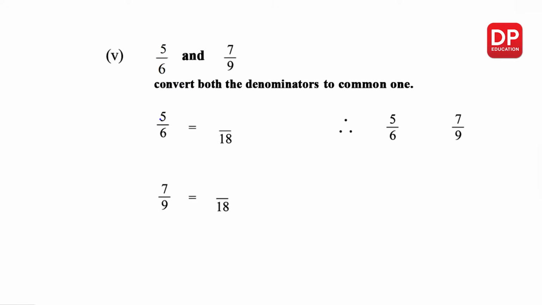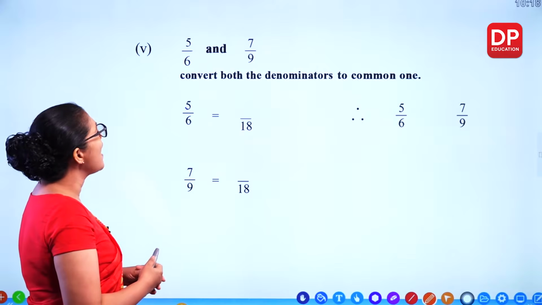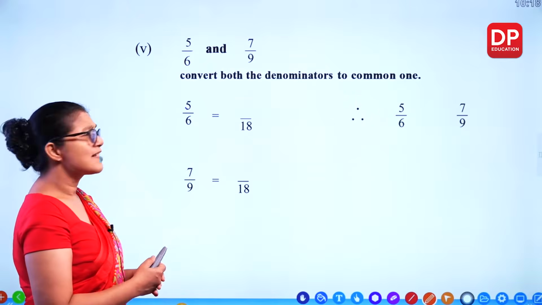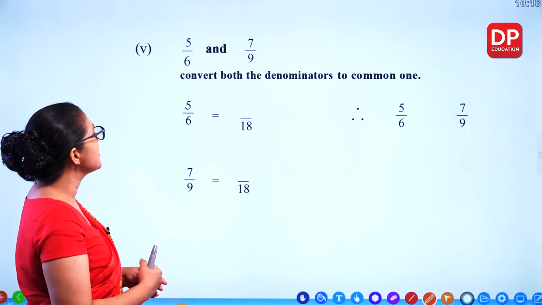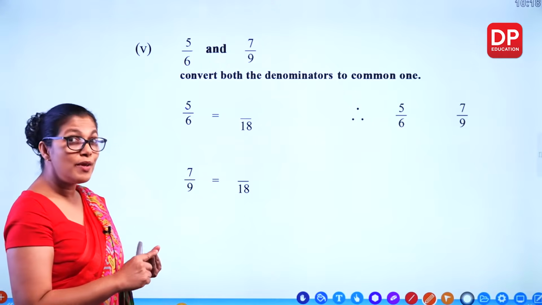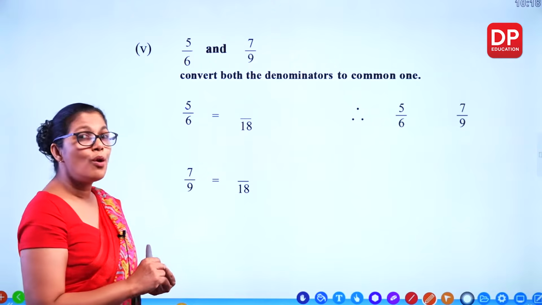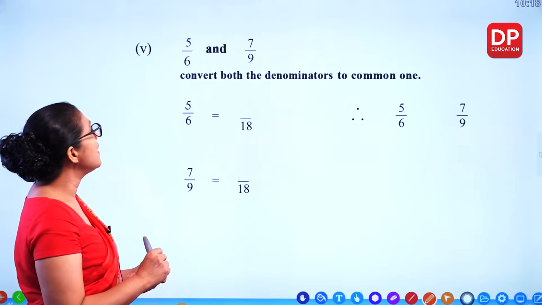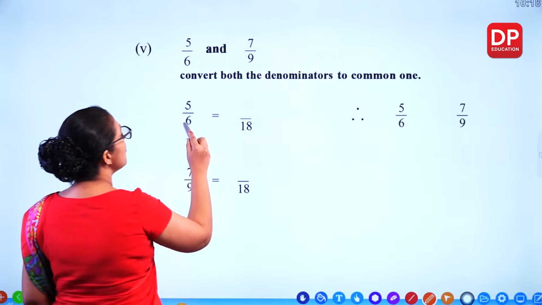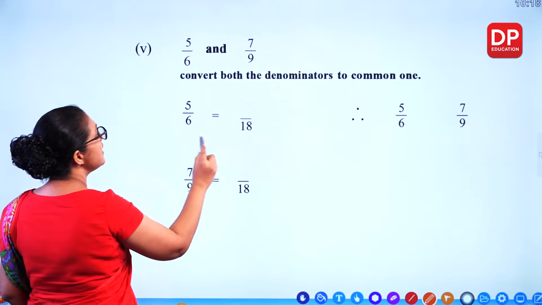Look at this question, 5/6 and 7/9. So you have to convert to the same denominator. So 6 and 9. What's the common denominator? That's 18. So we are looking at the lowest common multiple. So 6 and 9 you can convert to 18.